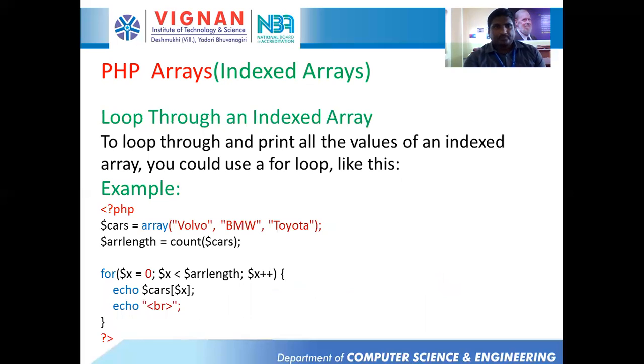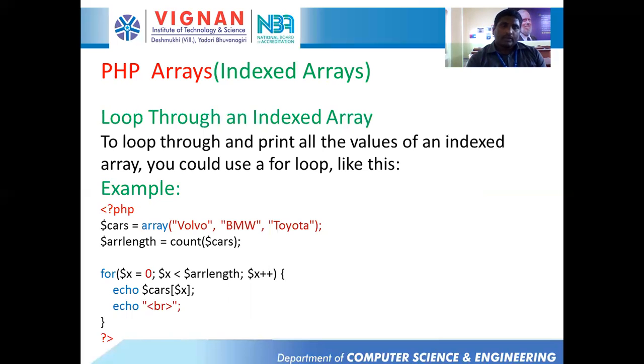Next, how can you use a loop with arrays? Loop through an indexed array. To loop through and print all the values of an indexed array, you can use a for loop like this. So here, same example, $cars array, and here we are finding the array length. The array length can be found by using the count function.